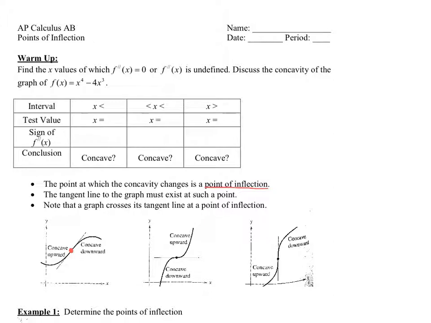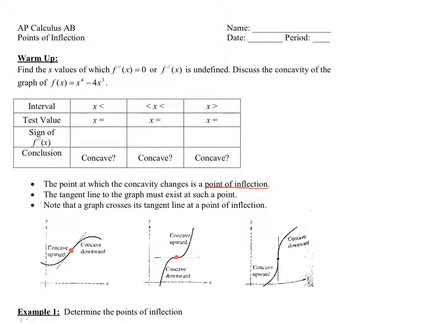Well, that's because the plateau point is an example of a point of inflection. Plateau points are critical numbers and they're points of inflection. The tangent line actually goes through it, and we change concavity at that point.